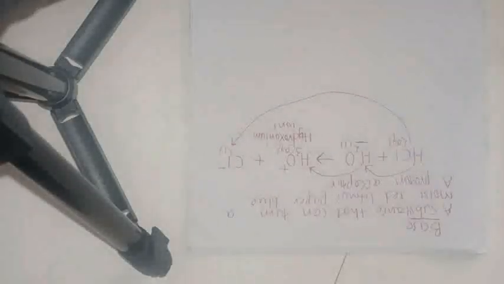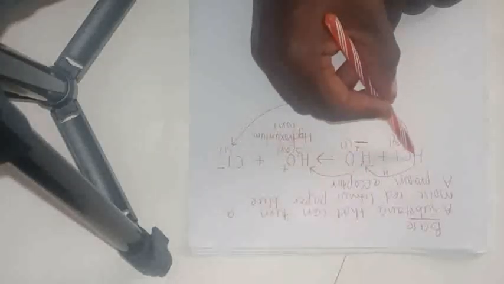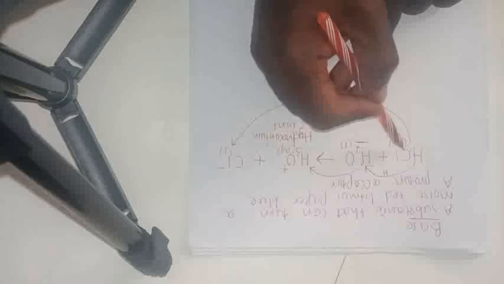So in other words, what you're going to have here is this. The water molecule has accepted the hydrogen atom. As you can see, the hydrogen atom has been transferred to the water molecule from the hydrochloric acid. We end up forming the hydroxonium ions with three hydrogen atoms.